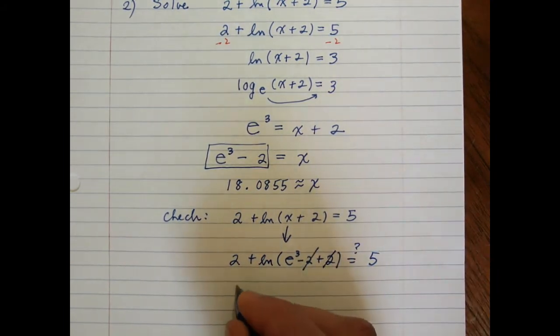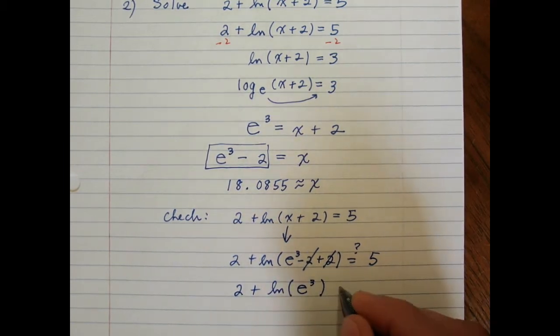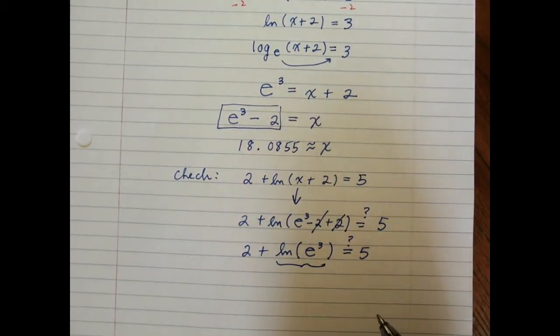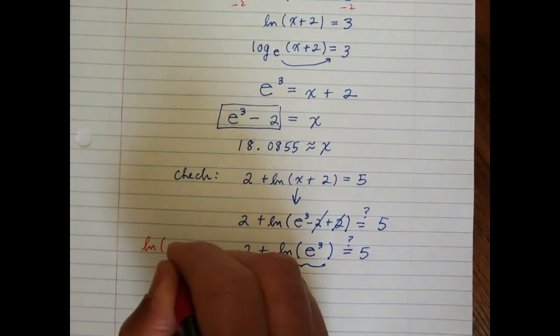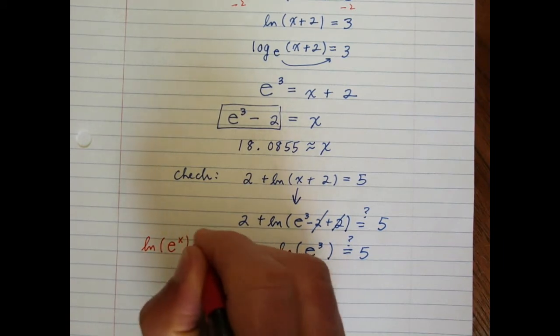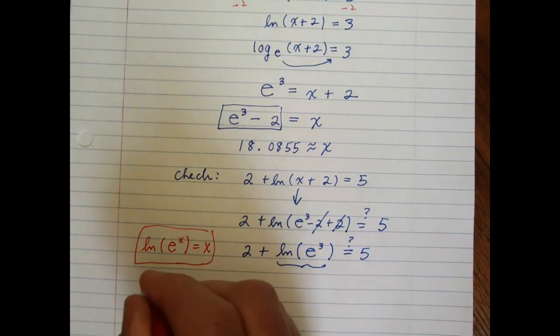Inside the ln I have 2 plus, inside the ln is just e to the third. Now is that equal to 5? Ln of e to the third, well, ln of e to any power is always that power. The ln and e cancel each other out.